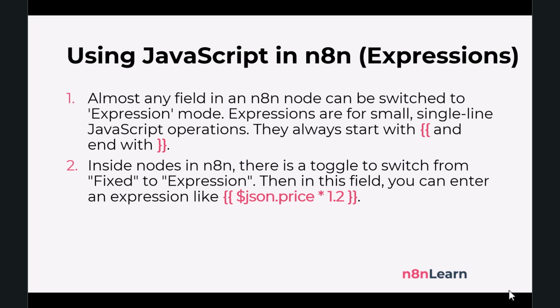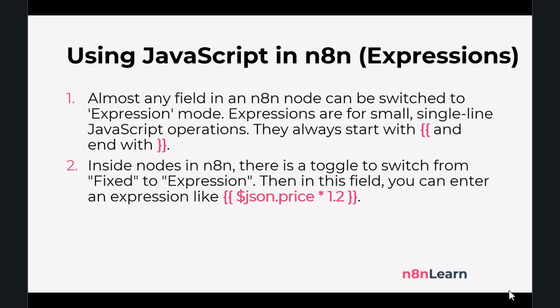Inside those curly braces, you can reference your incoming data. You do this with $json, then a period, and then price. In this instance, $json.price would refer to the key in the key-value pair in the JSON object, and price would equate to the corresponding value. This method is perfect for 90% of your data manipulation needs.